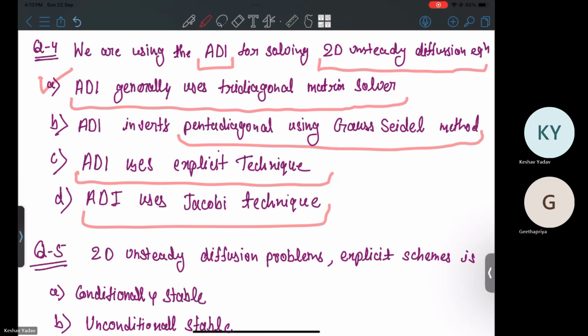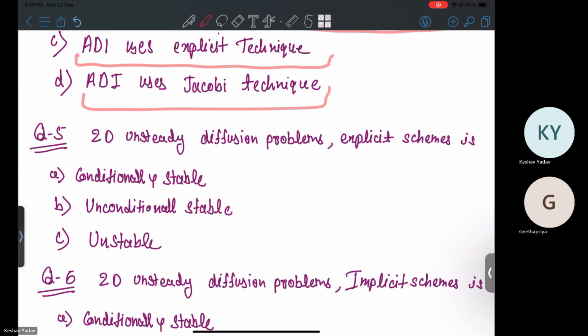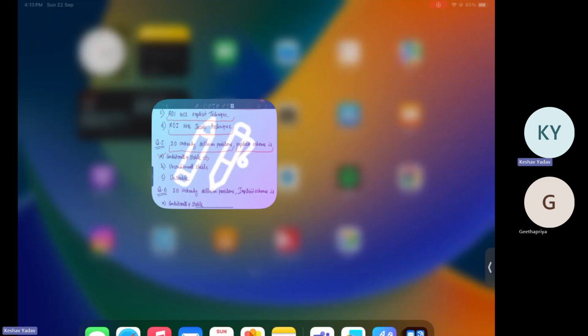Okay. Next problem, the 2D unsteady diffusion problem. The explicit scheme, what have we seen about it? It is conditionally stable. What was the condition for stability?